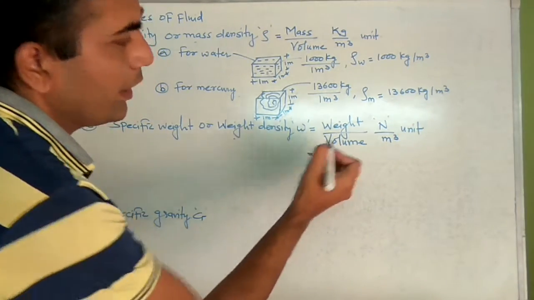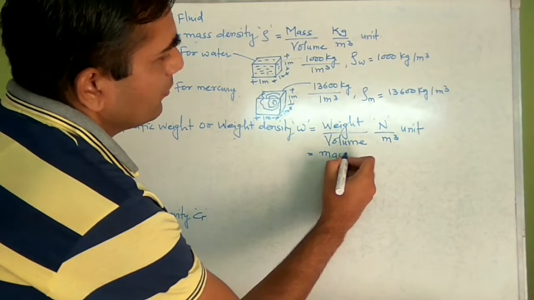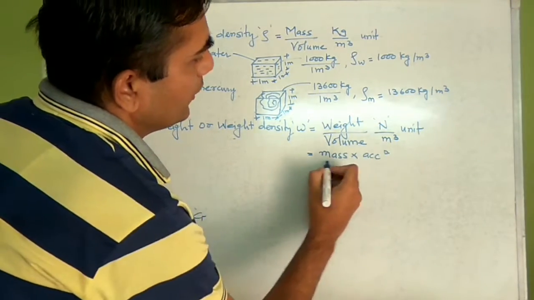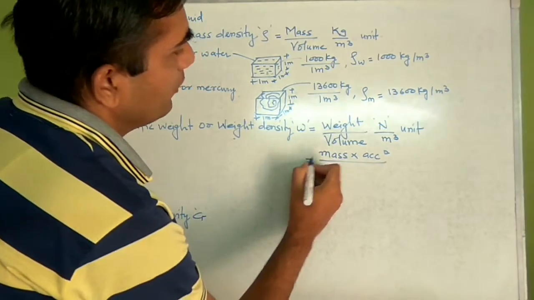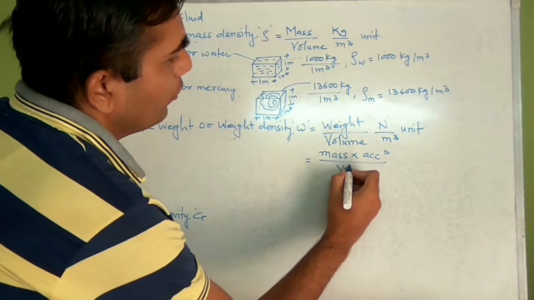If we again expand this thing, weight is mass multiplied by acceleration due to gravity, so weight divided by volume is mass into acceleration divided by volume.